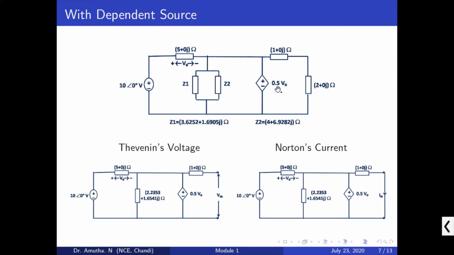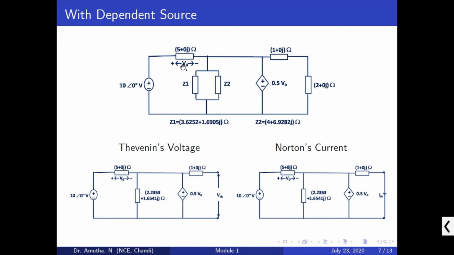This dependent source depends on the value of V0, where V0 is the voltage across this 5 plus 0j ohms. Because this voltage depends on some value, we are calling it a dependent source. So now we try to find the Thevenin voltage, Norton's current, and the Thevenin impedance for the circuit.